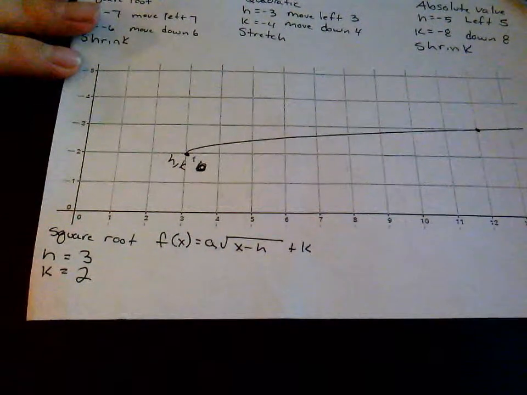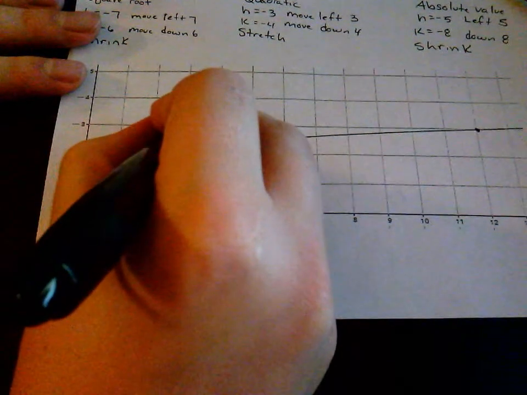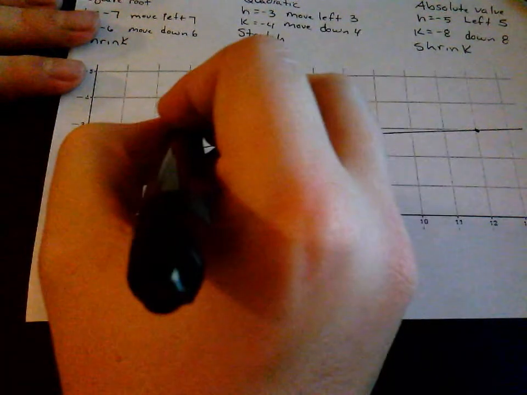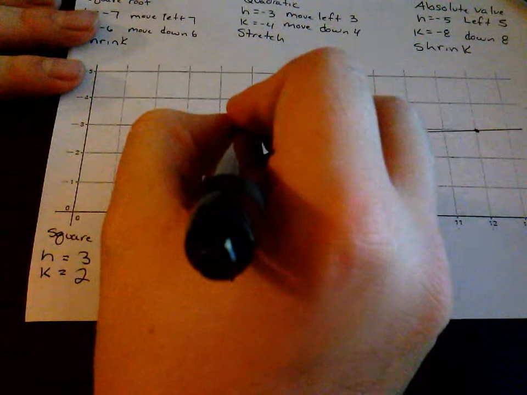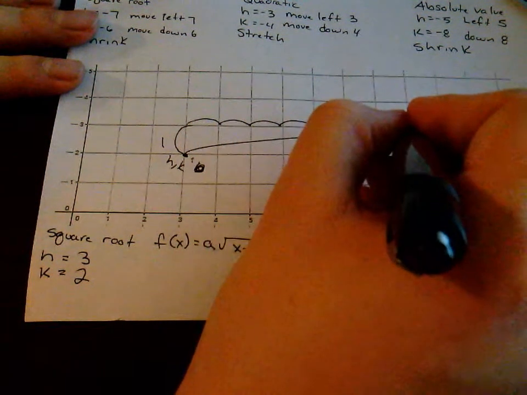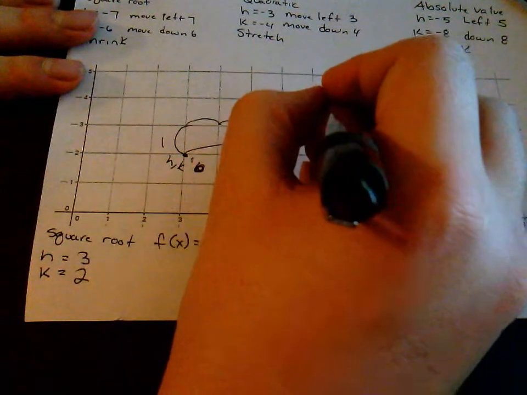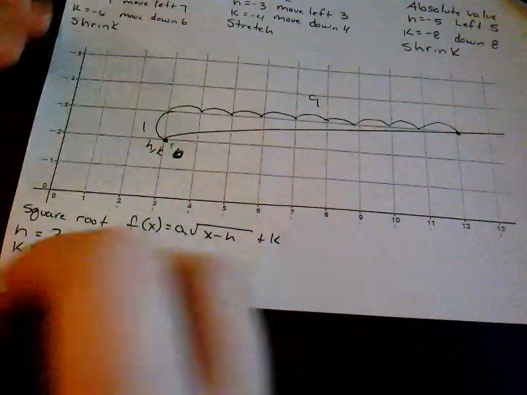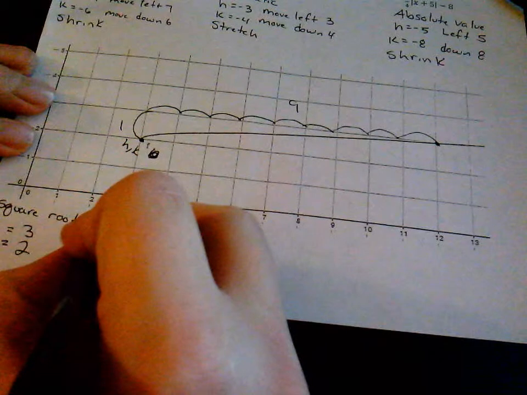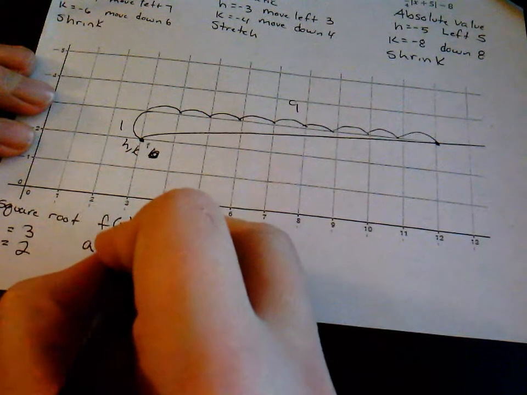H and k, and then finally our a, we go up 1, or we go over 1, 2, 3, 4, 5, 6, 7, 8, 9. So our a equals 1 over 9.